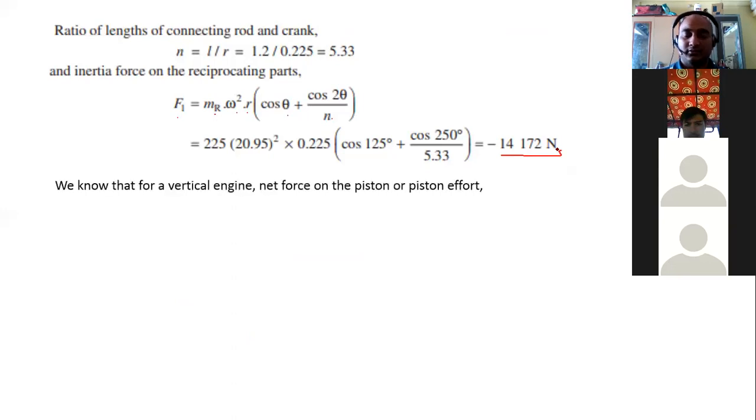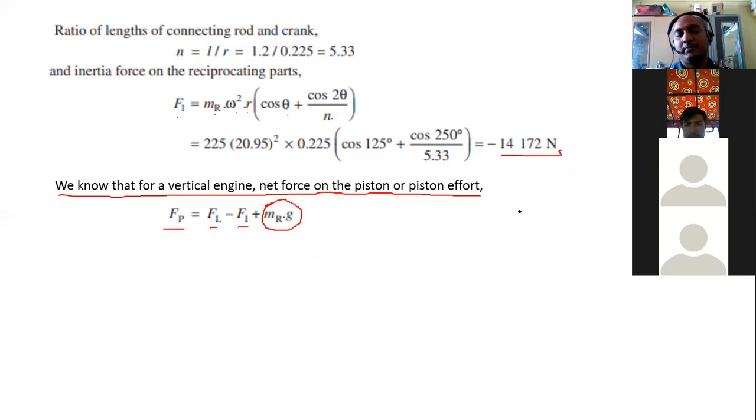So the difference is that for a vertical engine, there is the net force on the piston, or piston effort. Already we discussed in the last problem what is added over here. You can see FP equal to FL minus Fi. This part is now added. Why added? Because the piston is moving downward.